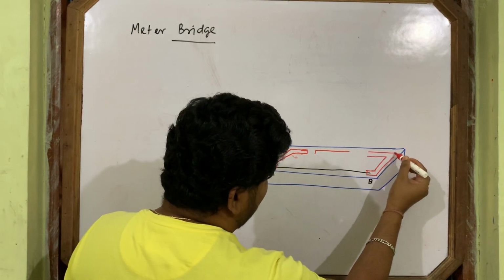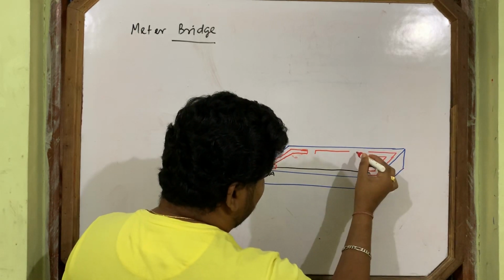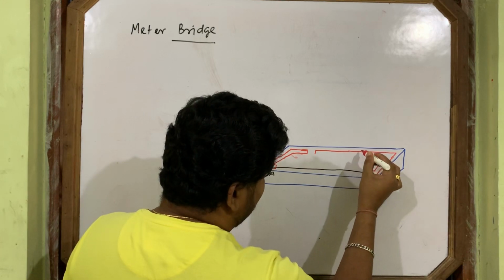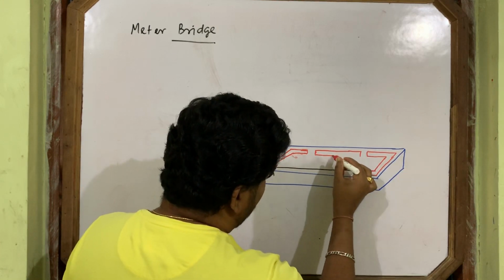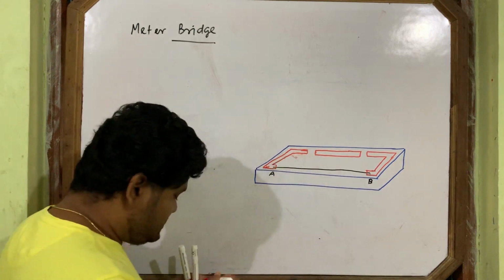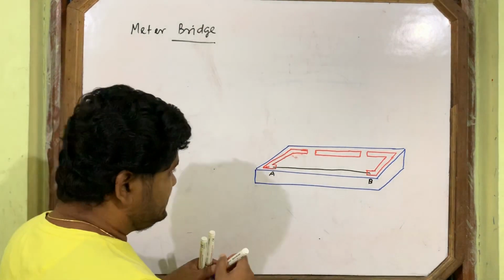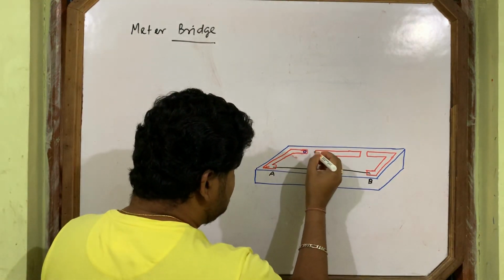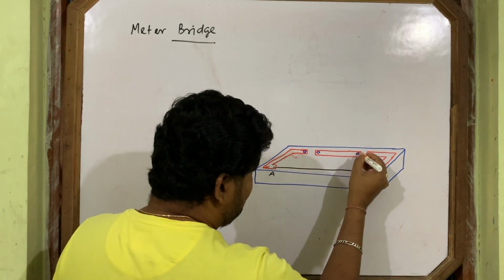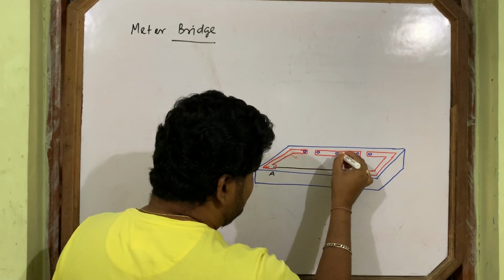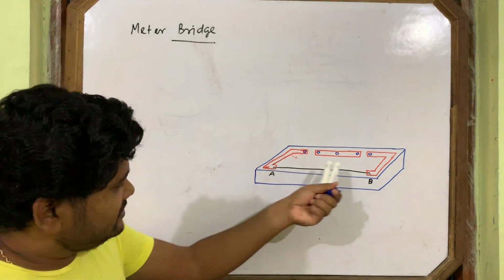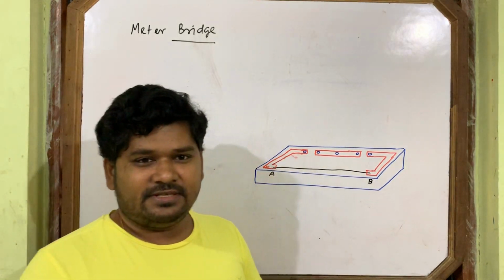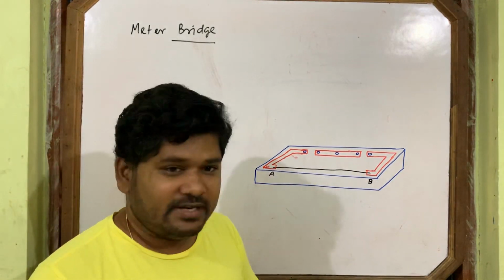One gap you also find here, and another gap here. Gap means knots are there to connect other devices. One knot will be here, one knot here, and here also one knot in between. The meter bridge looks like this.